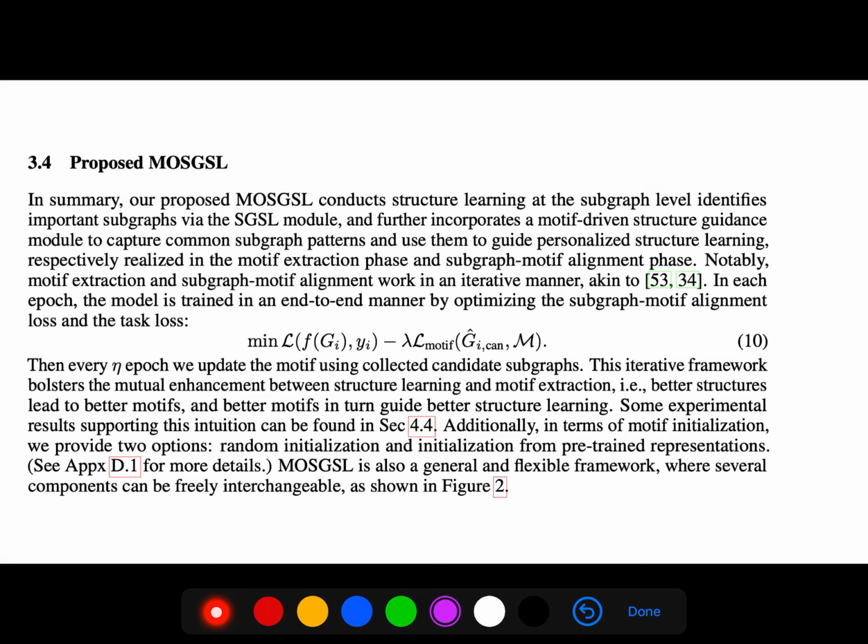So in summary, it conducts structural learning at the subgraph level, identifies important subgraphs via the SGSL module, and motif extraction and subgraph motif alignment work in an iterative manner, in that in each epoch the model is trained in an end-to-end manner by optimizing the subgraph motif alignment loss.